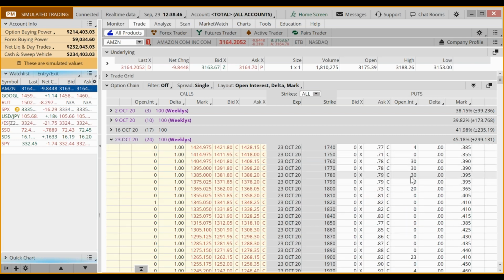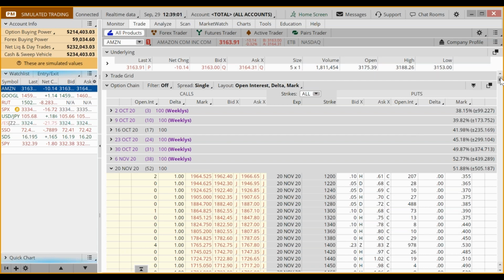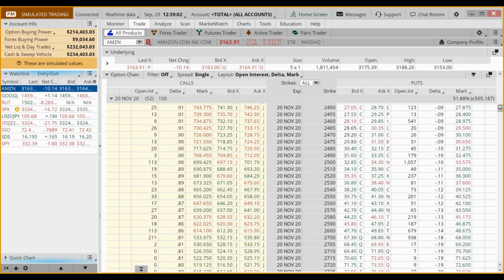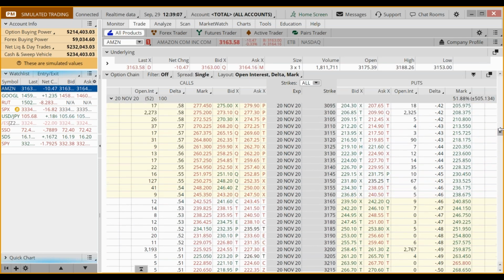I'm not getting a lot of open interest here, and I need about 100. So I'm having trouble putting in an Amazon trade at this point in time, unless I go all the way out here, which I don't really like to do. And even there, I'm not getting a lot of open interest. So at this point in time, I'm going to skip Amazon.